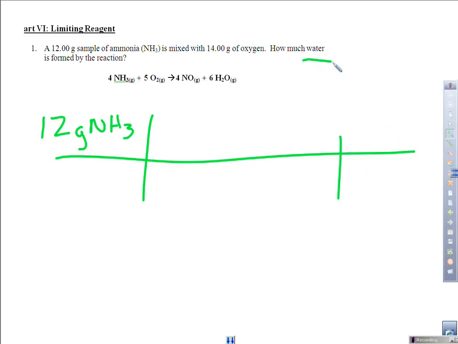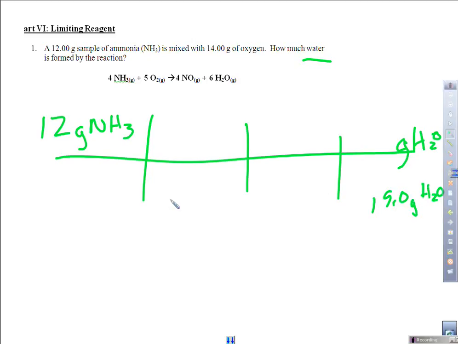Okay, because that's what we're looking for right here. So again, we do one of those great gram-to-gram problems from grams of NH3 to grams of H2O, and it's a 3-step problem. So you get molar mass here, 1 mole, coefficient, mole of H2O, 1 mole of H2O, molar mass of H2O. And if you do that, you end up making 19.0 grams of H2O.